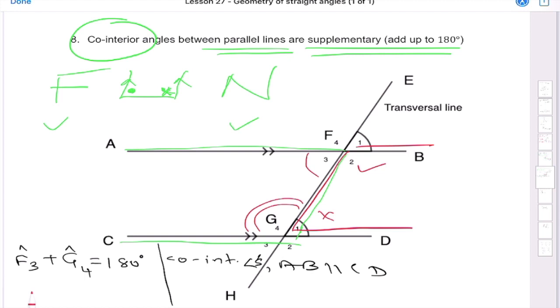So what we can write there is angle F2 plus angle G1 is equal to 180 degrees. That is our statement. The reason is because these are co-interior angles with line AB parallel to line CD.